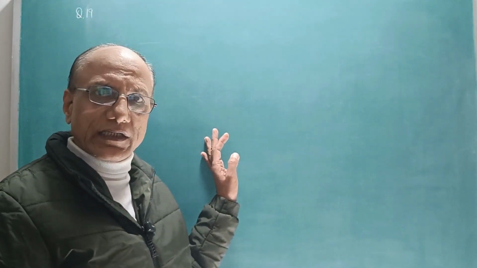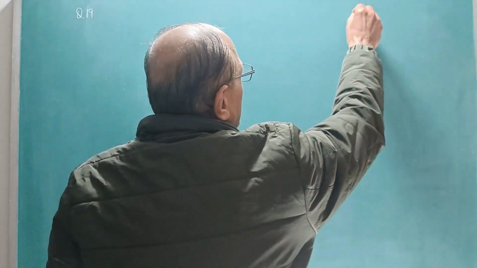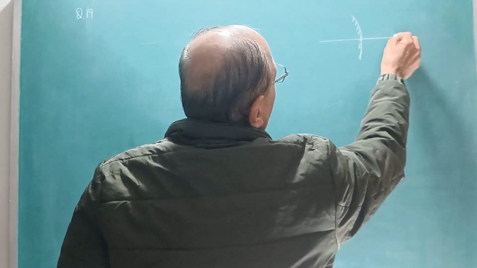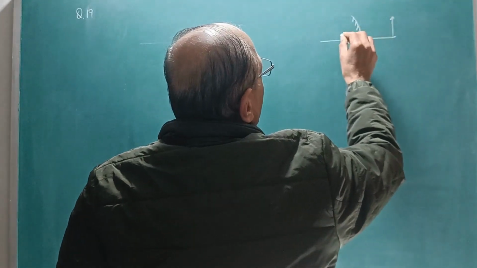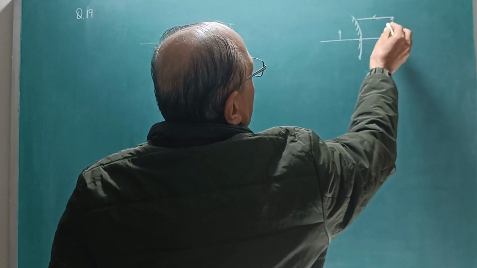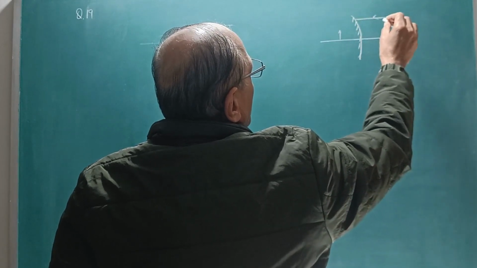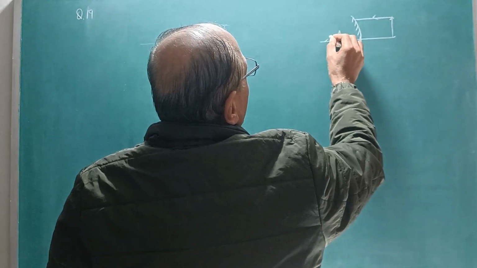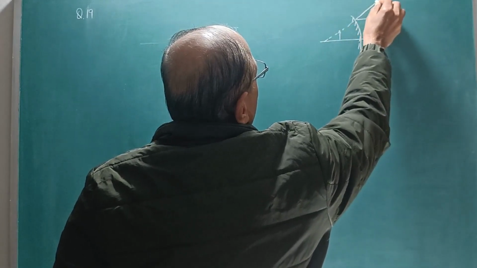virtual. So that is absolutely correct, because whenever an image is formed by a convex mirror, it is always here. If you make a ray like this, it will appear to pass through the focus like this.